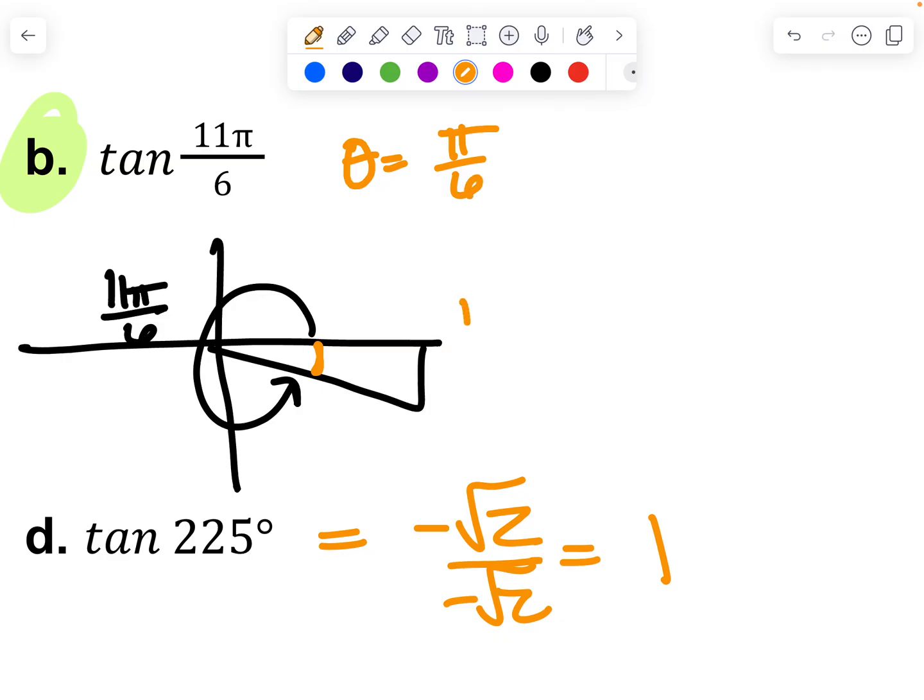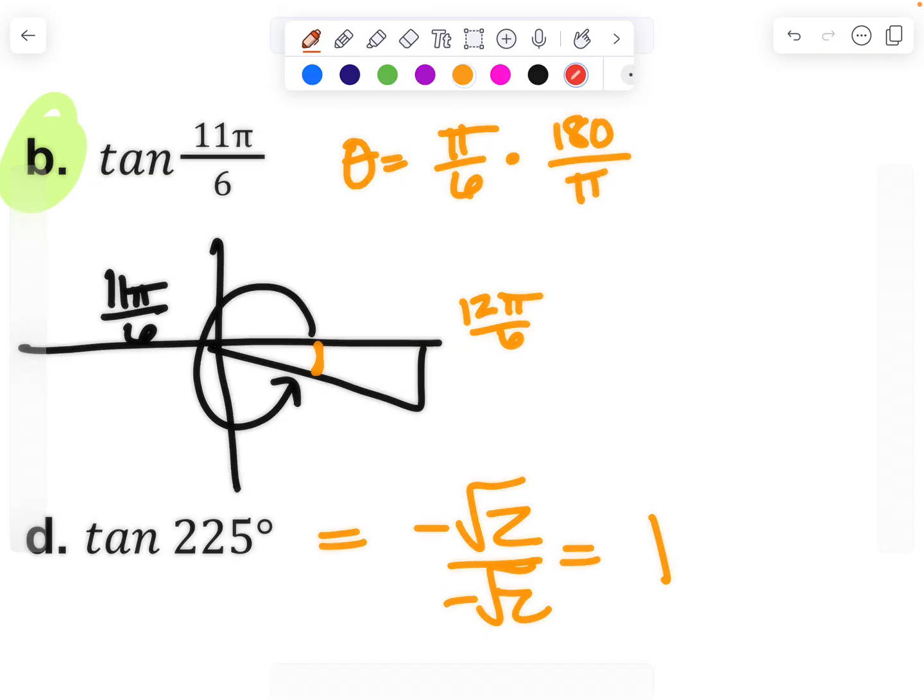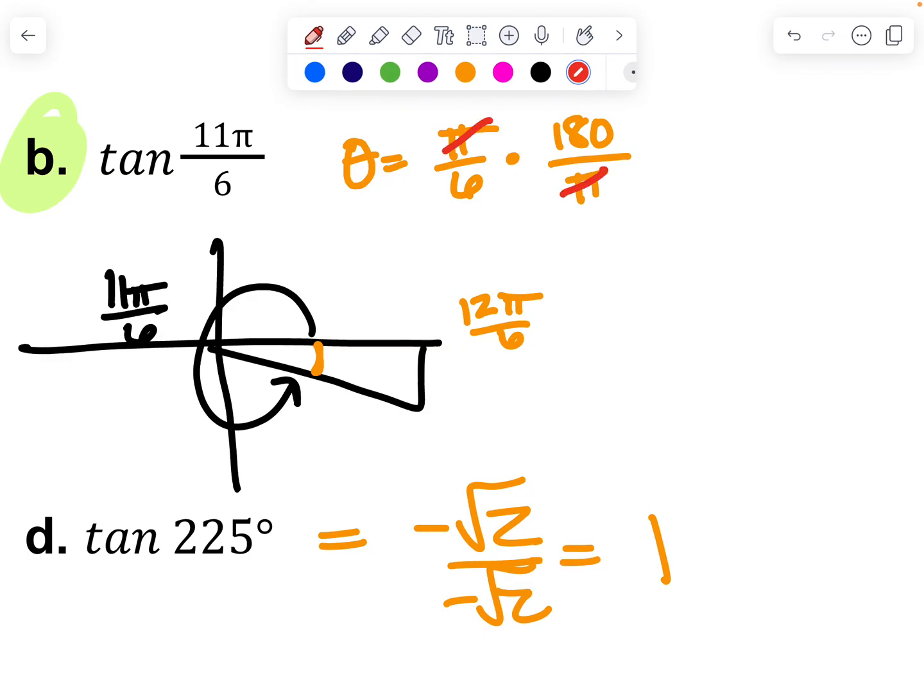A full rotation would be 12 pi over 6, which means I'm pi over 6 away from that. Well, to convert that to degrees to kind of make it make more sense, we can multiply by 180 over pi. Pi's cancel. 180 divided by 6 gives me 30 degrees.